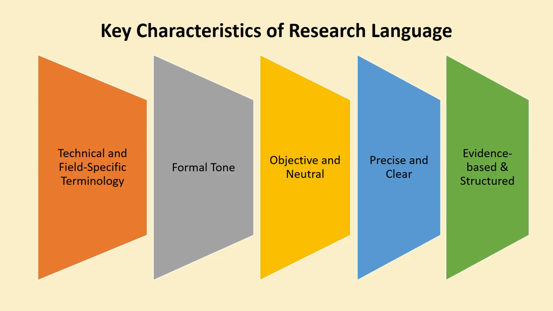Third is objective and neutral. This is very important for a researcher to understand. A researcher has some kind of idea, some kind of thought before moving into the research proposal in an actual manner. Therefore, as a researcher, you have to be free from any kind of bias.